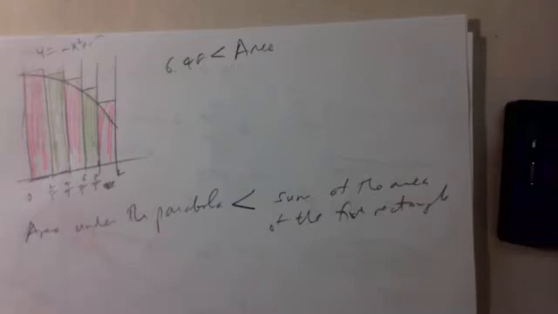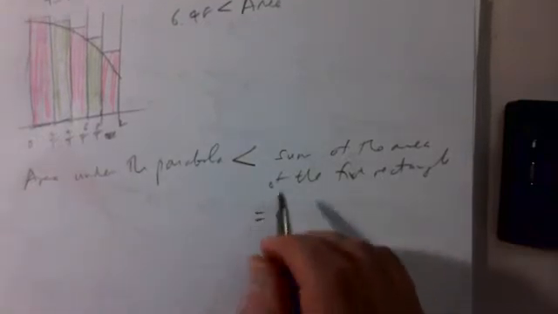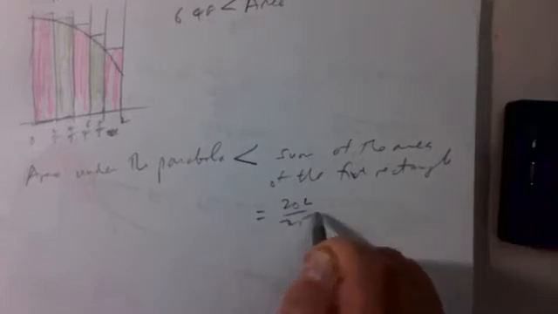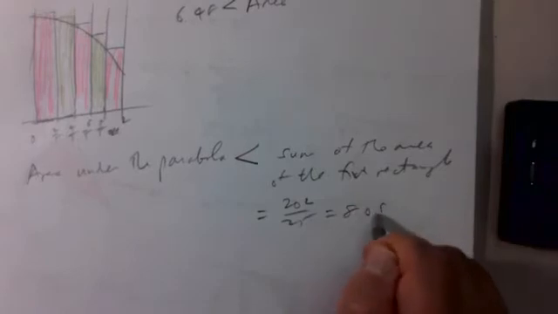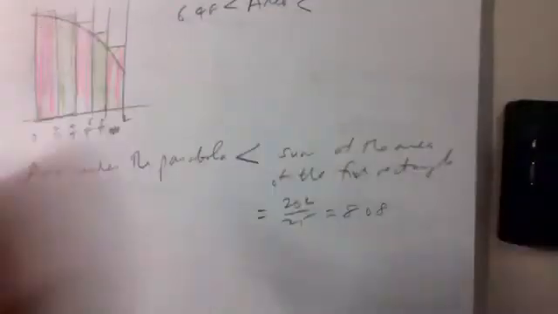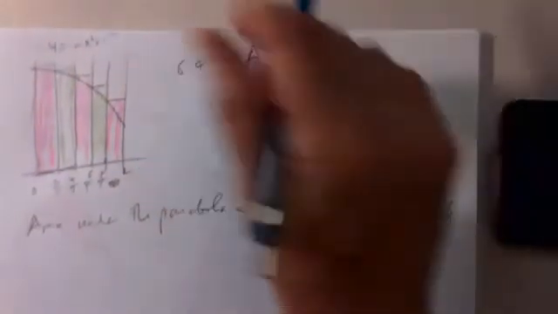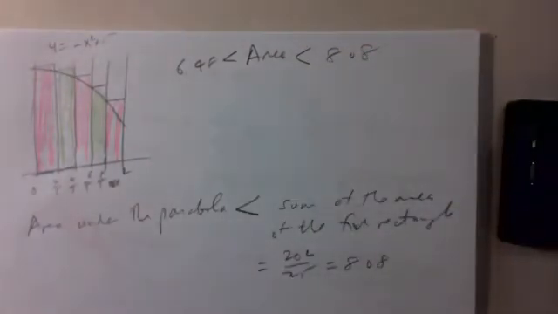And we can add it up. You can see the calculation in the textbook. It adds up to exactly 202 over 25, which is 8.08. So this area is strictly less than the sum of the areas of these 5 rectangles. That's 8.08.